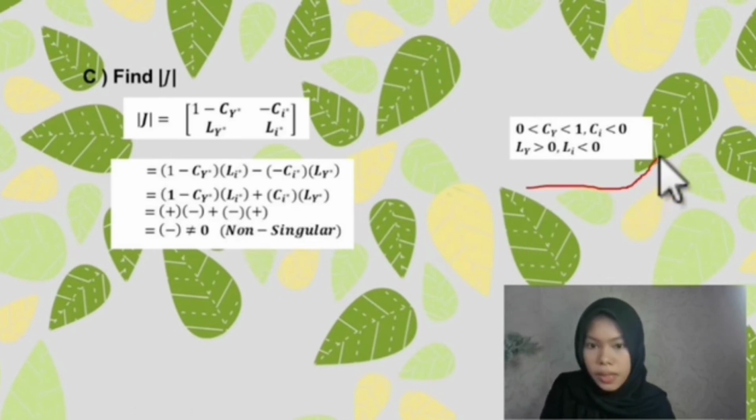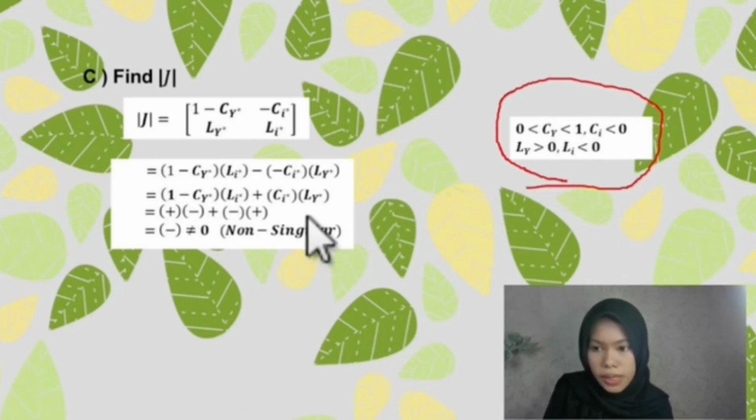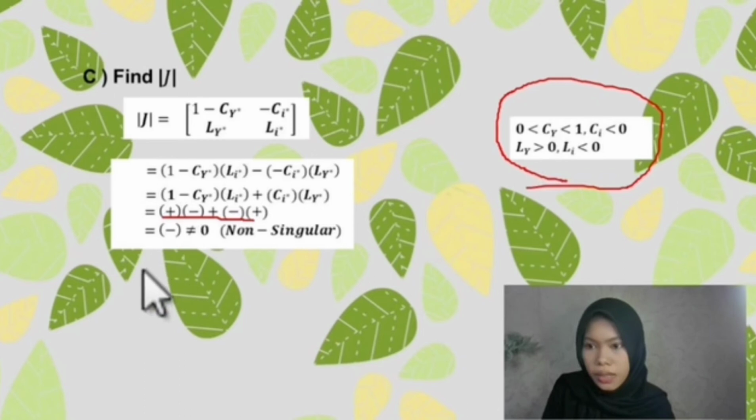This is how we determine whether it is positive or minus. So in this case, when we simplify it, we can find that this function is minus 1 equal to 0, and it is non-singular. So we move to the next step.